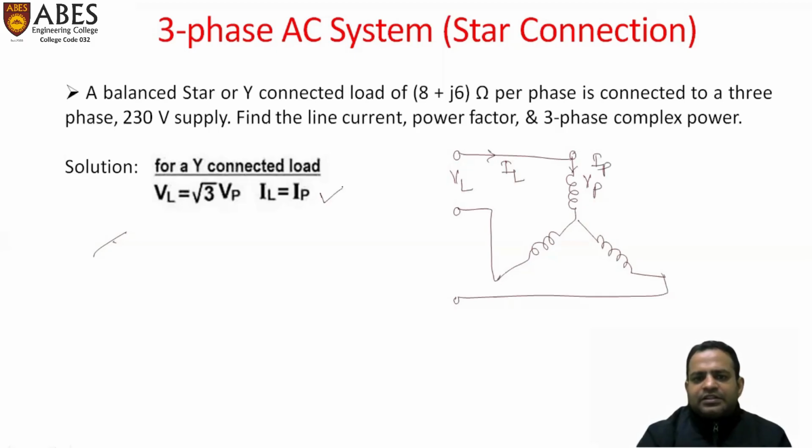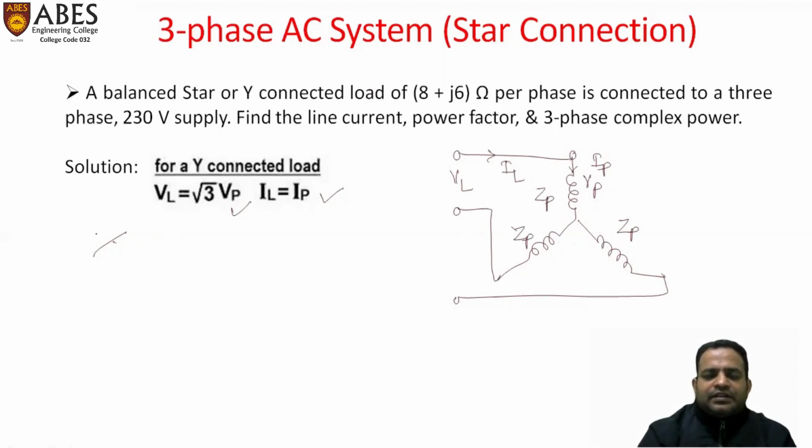So in a star connection, line current and phase current are equal in magnitude, and line voltage and phase voltage are related as VL is equal to root 3 times VP in magnitude only. If our Z of these three branches are identical, so this is ZP, that is identical.